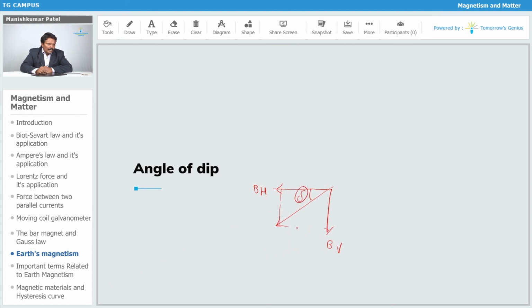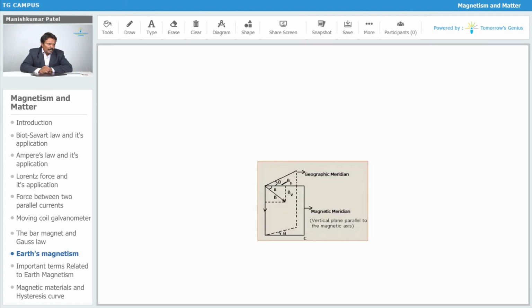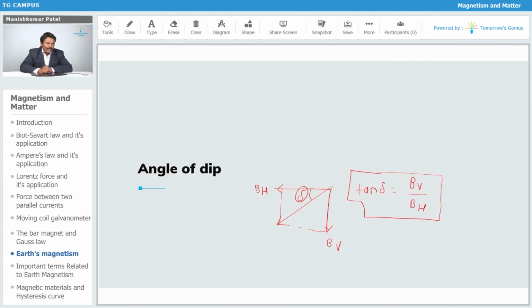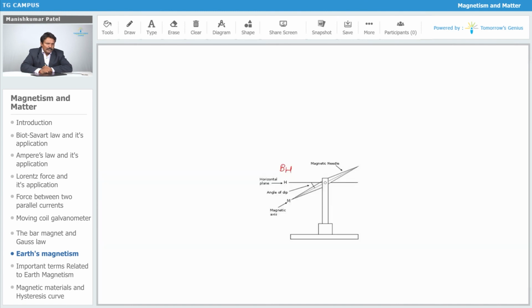You can write it in terms of delta also: tan delta is equal to BV upon BH. This is the value of your angle of dip, and the same thing I have written over here also: delta, which is BV upon BH, is your angle of dip for this case.